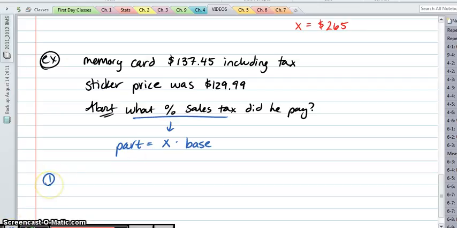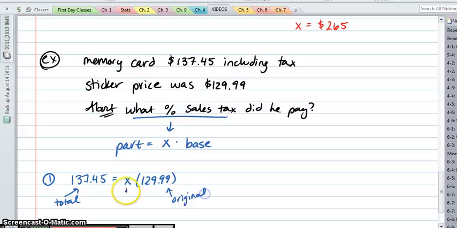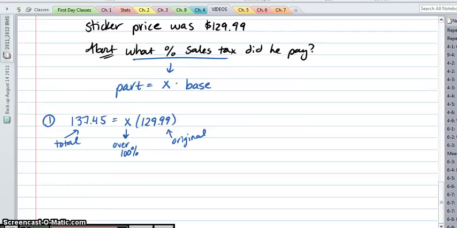Let me just write this as 137.46, and set that equal to the part. And we know that whatever the sales tax is would have been multiplied by the original price of $129.99. So basically I'm working with the total, the original price, which means that my percentage in this case will be over 100%. So I'll need to adjust it in the end to get the correct answer, but this is one way we could look at it.